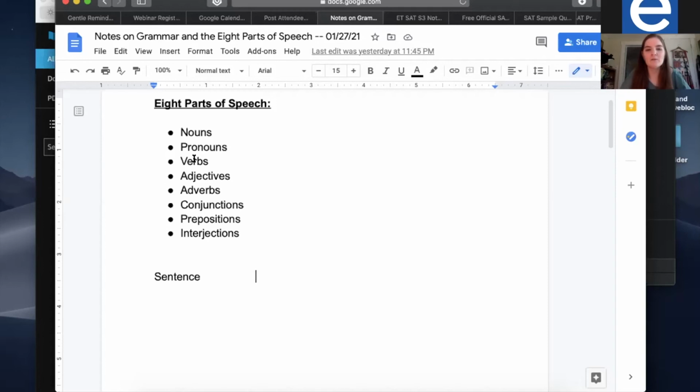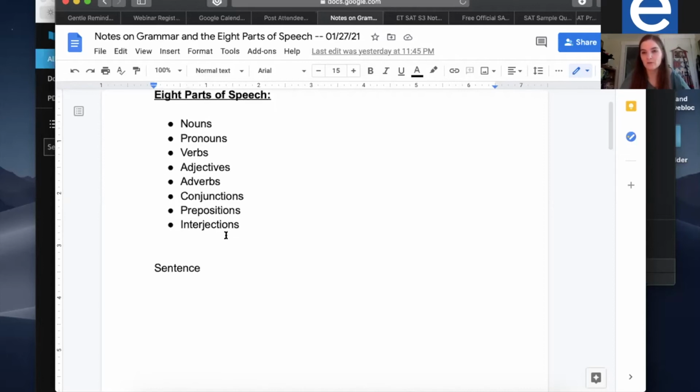So nouns and verbs are critical for us because when we're making sentences, we need to have at least two ingredients in order to have a complete sentence. I'm going to get into that in just a minute, but nouns and verbs are very crucial to that. Okay. Adjectives, just like I went over a minute ago, are words that describe nouns. That's their function.